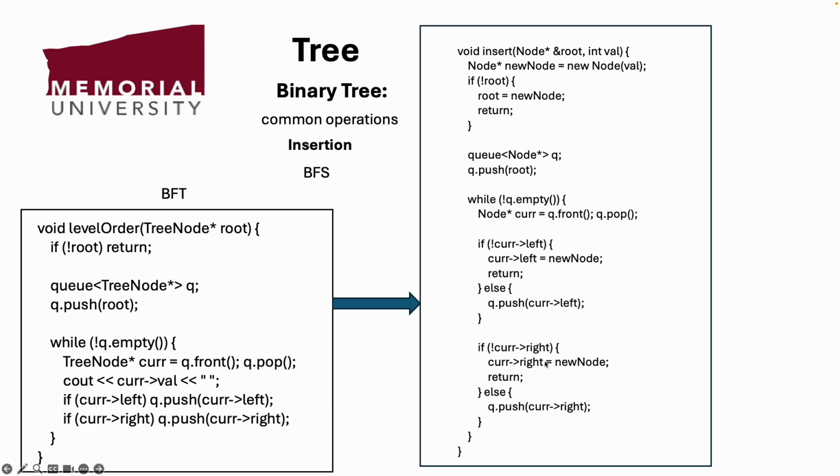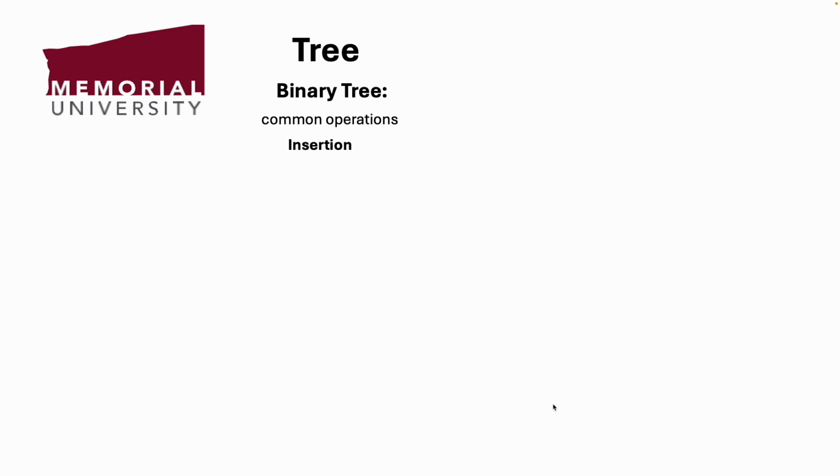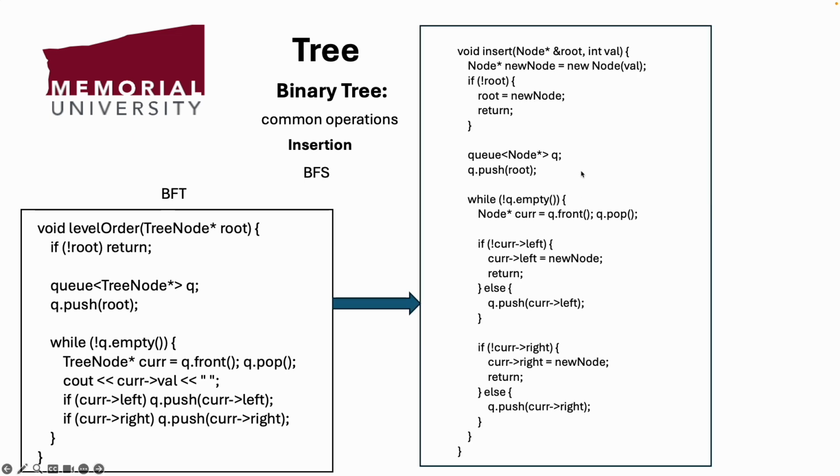If not, we define the new node as the right child of this current node. Otherwise, we push it into the queue. So this is the code leveraging breadth first search, or breadth first traversal, to process insertion. Pretty straightforward.